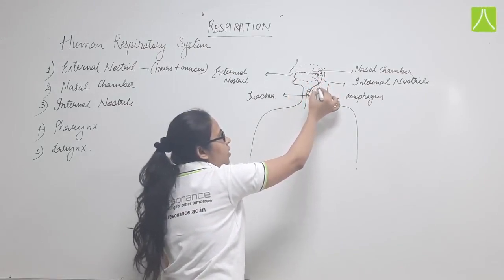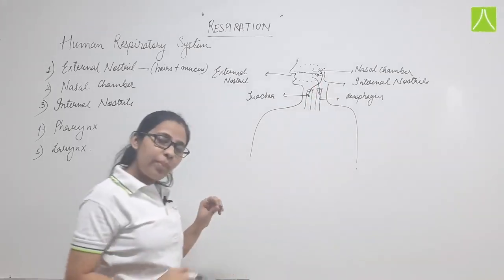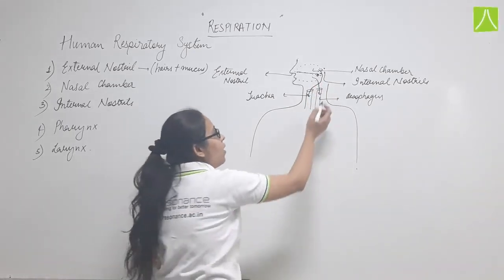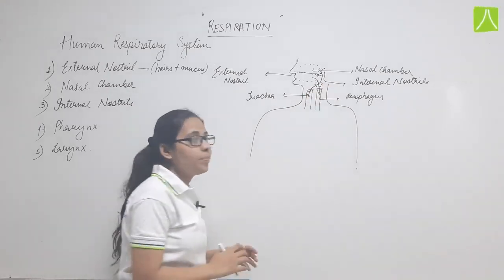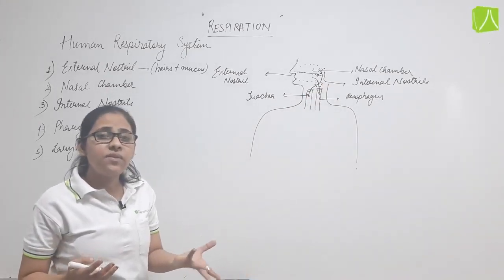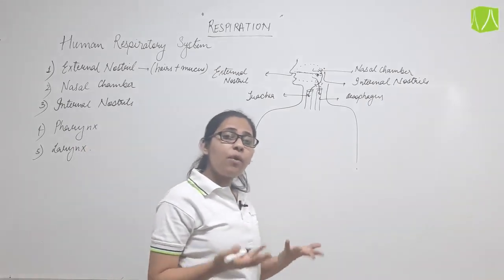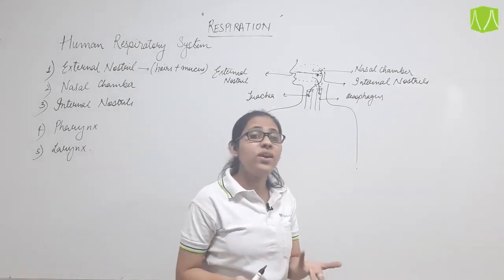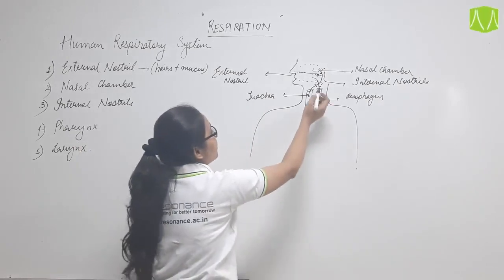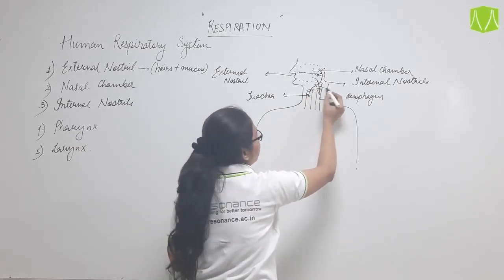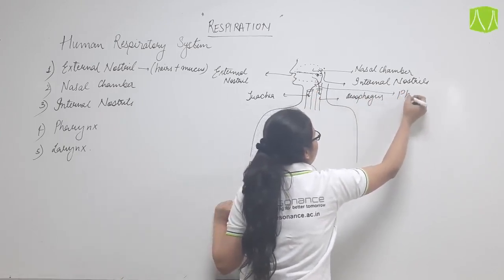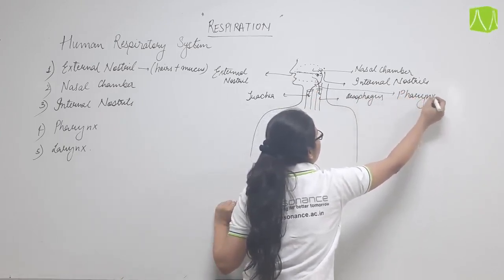It goes into the food pipe or the esophagus. Now this area, which is the common passage for both food as well as air, is known as pharynx. This is basically the pharynx.